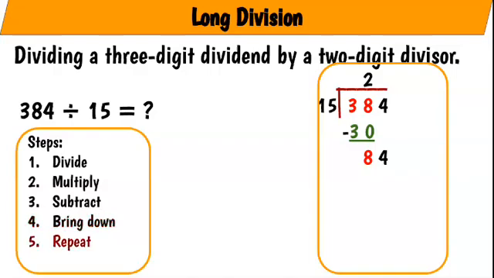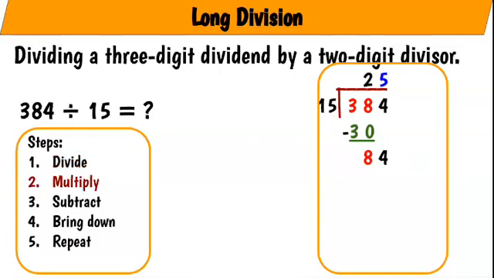So we are going to go back to our first step that we used, which was divide. So now we're asking ourselves, how many groups of 15 can we get from 84? We can get 5 groups of 15 from 84. So now let's move on to our next step.